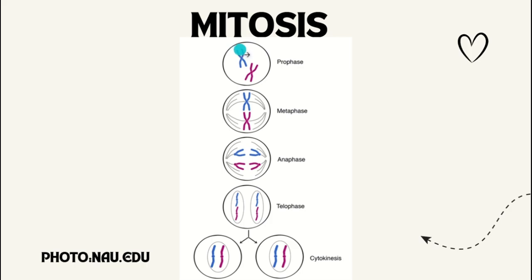And then you'd also see the centrioles. Let's just say centrosome, because the centrosome has the centrioles in it, and it's basically going to be like a circle. They're going to be on opposite ends of the cell.